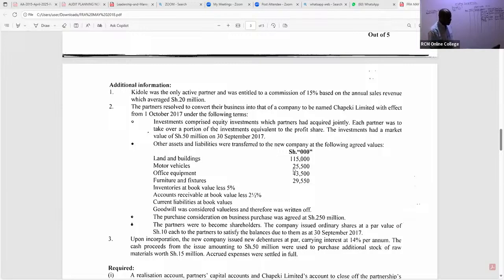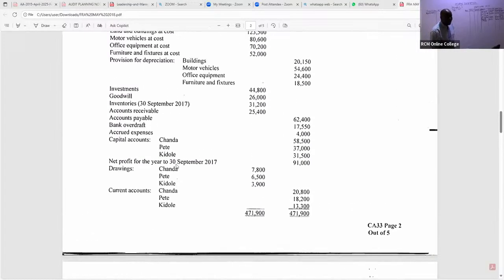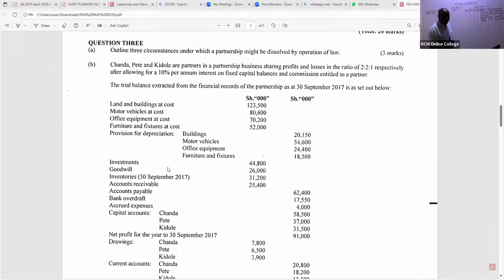But of importance is for us to appreciate here that we have land and buildings, we have motor vehicles, which were transferred to the new company. We have office equipment, we have furniture and fittings. We have inventories, accounts receivable absorbed by the new company. So let's take them to the realization account as we tick. If you have your past papers, tick so you don't forget any.